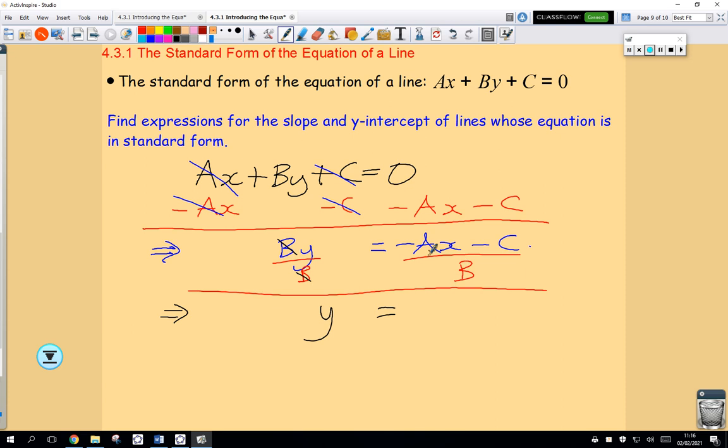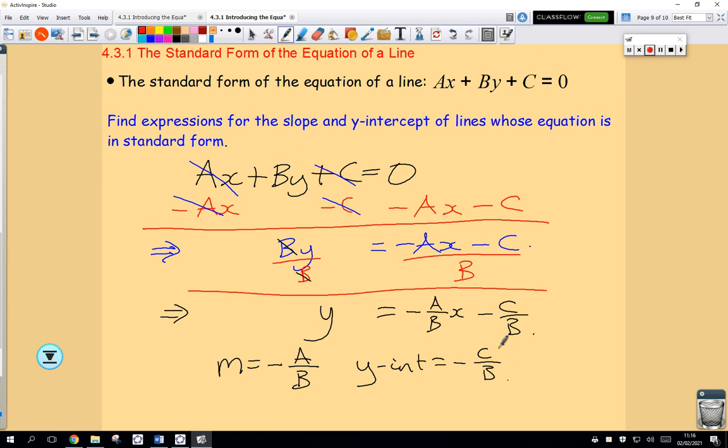Distributing my b across, well, that's going to be negative a over b times x and negative c over b. So the slope is written as negative a over b, and the y-intercept can be written as negative c over b.